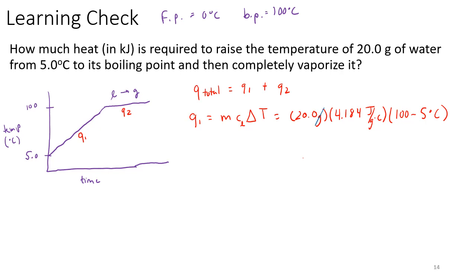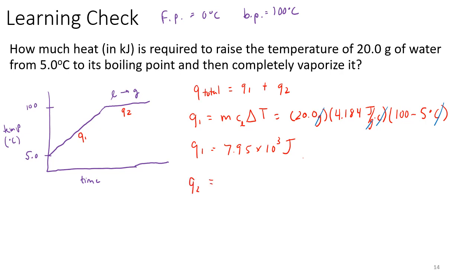Our grams will cancel, our degrees C will cancel, and we'll be left in units of joules. Q1 is equal to 7.95 times 10 to the third joules. It's okay to get a really large number because a joule is actually a rather small unit of energy.